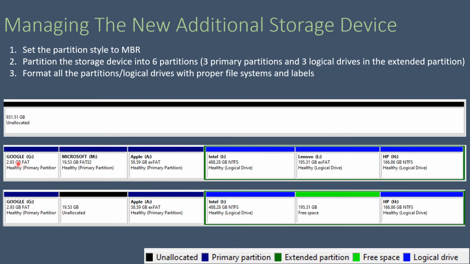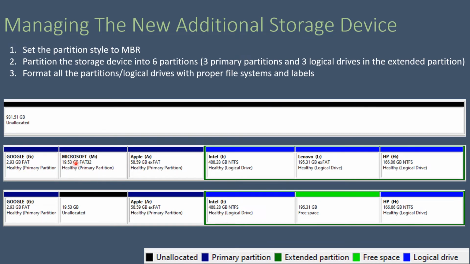And here, as you can see, when my hard disk is ready, each partition has a drive letter, for example here G, and it has a label, or we call it volume label. I call it Google. And also here it shows you the file system. For example, this one I formatted with FAT16. By the way, when you have only the term FAT here, it means FAT16.